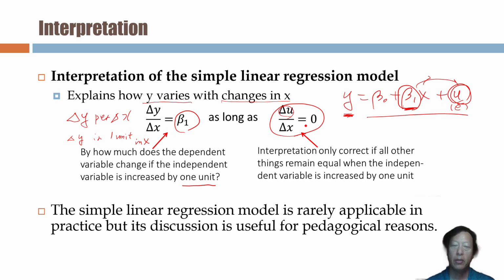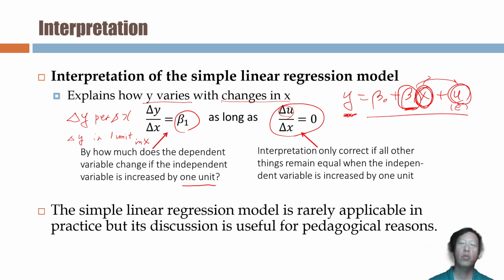The simple linear regression model is rarely applicable because, again, we are considering only one variable to explain y. That's why it's not that useful. But why do we start with this simple one? Because we can explain a lot of different things, and we can still use them in multiple regression.